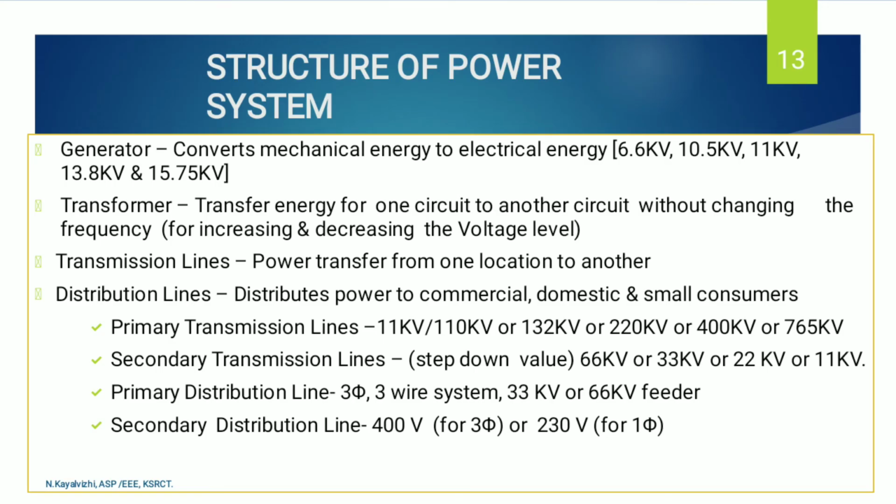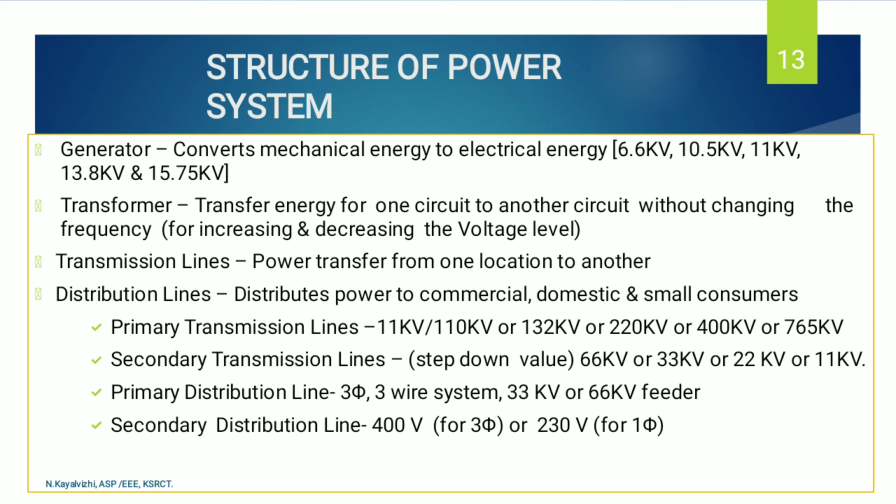We have primary transmission lines and secondary transmission lines. Primary transmission lines range from 11 kV to 110 kV, 132 kV or 220 kV at different levels. The secondary transmission is stepped down to 66 kV, 33 kV, 22 kV or 11 kV.